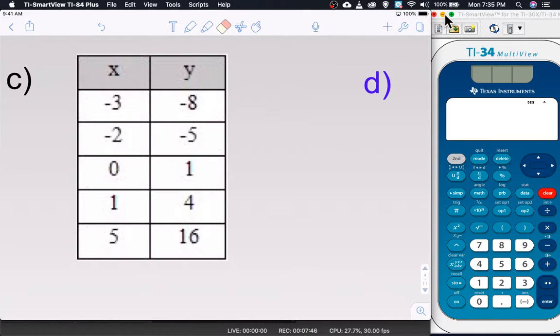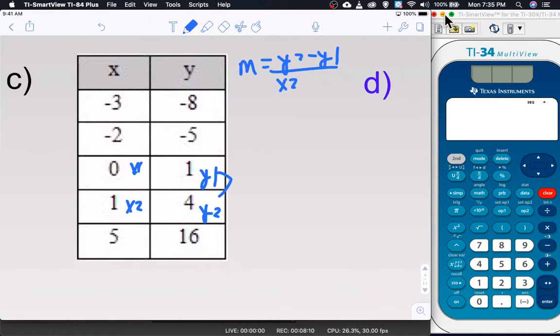Okay. The most accurate way of telling whether this is linear or not is to find the slope at 2 different places and see if the slope is the same. I'm going to find the slope right here. x1, y1, x2, y2. I'm using the formula m equals y2 minus y1 over x2 minus x1.